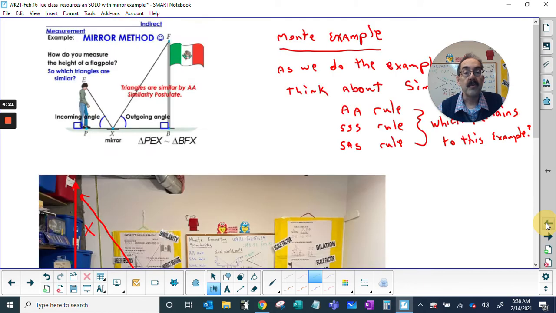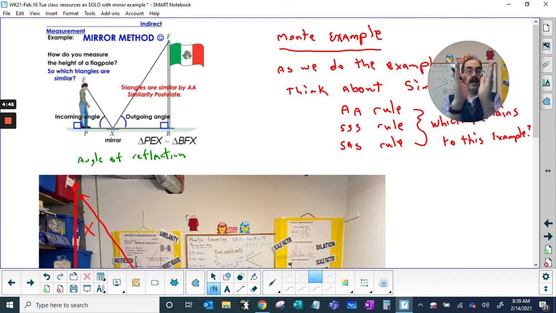Here's our new vocabulary. This is called the angle of reflection. The angle of reflection. And it's true.